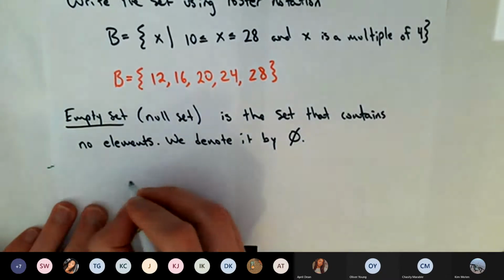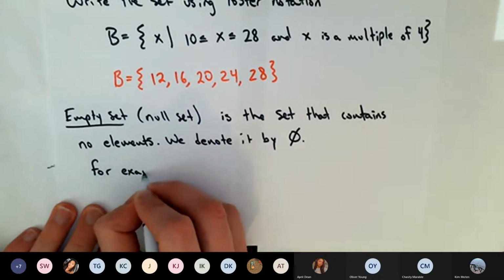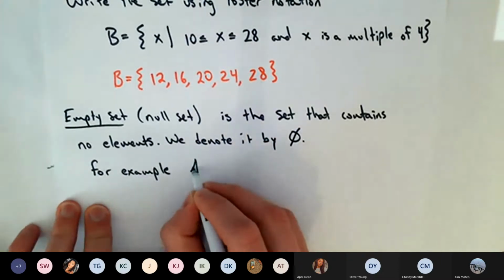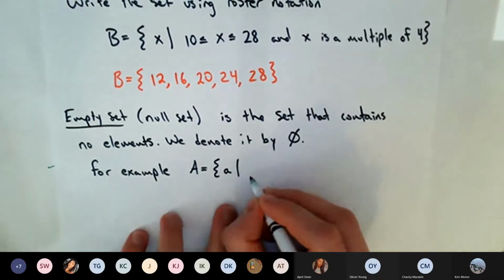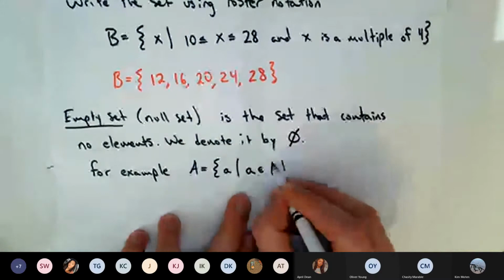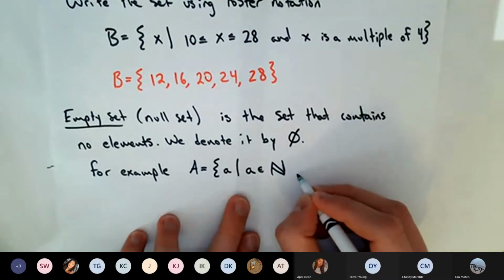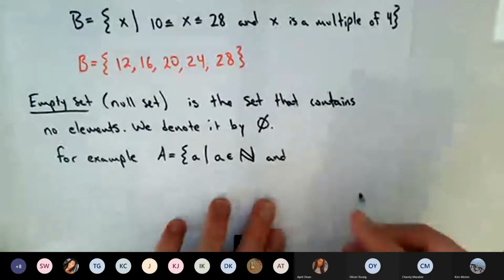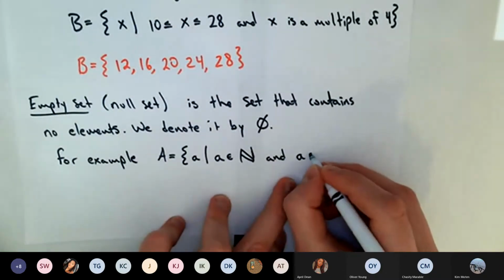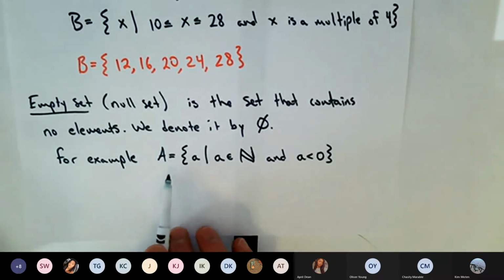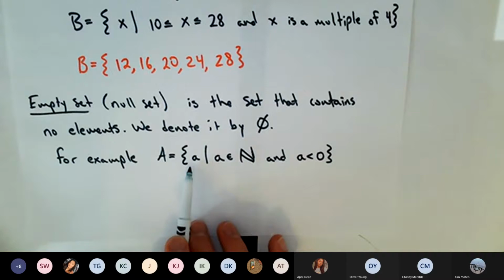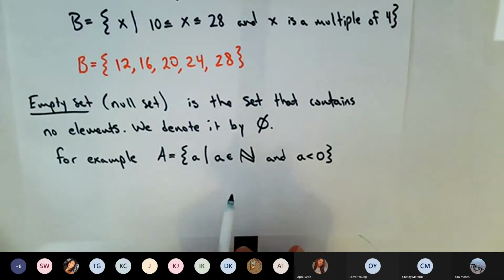So as a quick example, the set A of, let's say, elements A such that A is in the natural numbers. So the set capital A is equal to the set of elements A such that A is a natural number, which remember natural numbers are 1, 2, 3, 4, 5, etc., and A is less than 0.